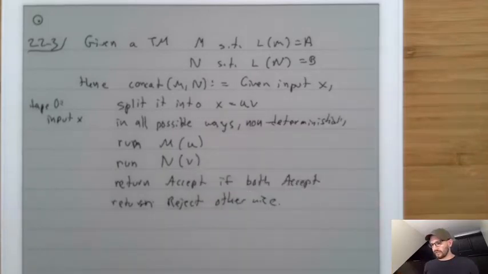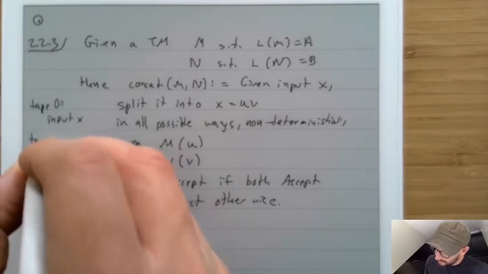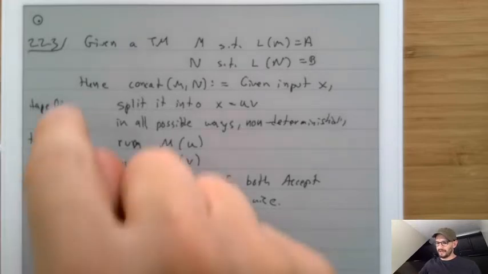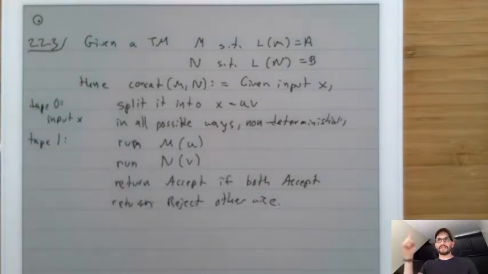The way that we're going to do that is we're going to have another tape, tape 1, and we're going to non-deterministically decide between two things. Thing number 1, we will take the current character, turn it into a blank on tape 0, and then copy it to tape 1 and leave it alone. Or option 2, we're going to say that we're done and the division that we've done so far is good.